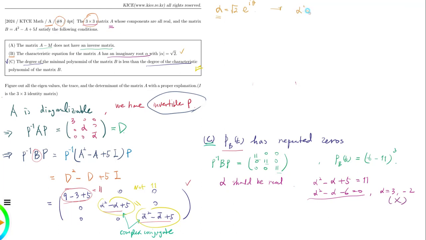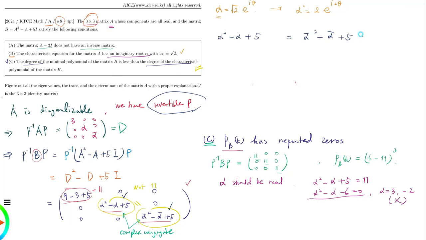And then for the square of alpha, we have 2 times e to the I times 2 theta here. Okay. And then we have a condition for the last two entries, which are complex conjugates of each other, should be the same.